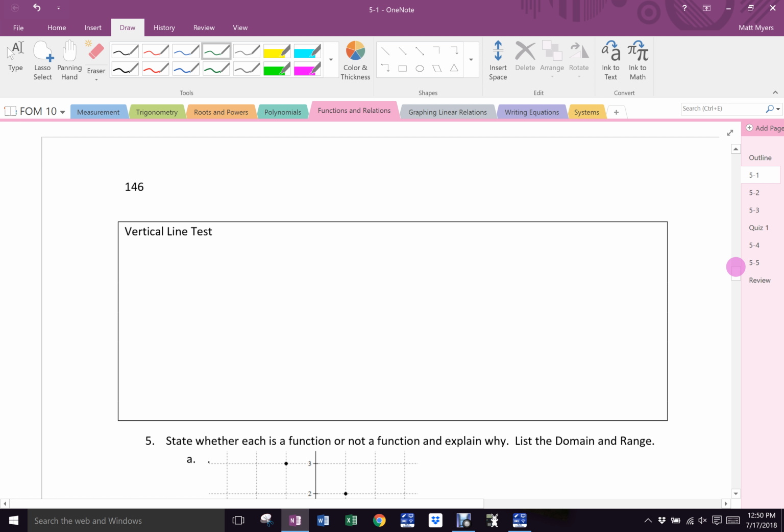That gives us what's called the vertical line test. The vertical line test only works on graphs.